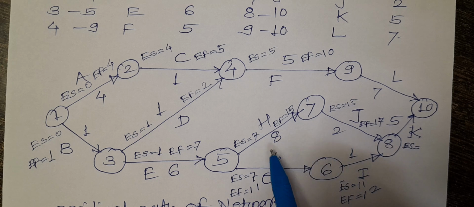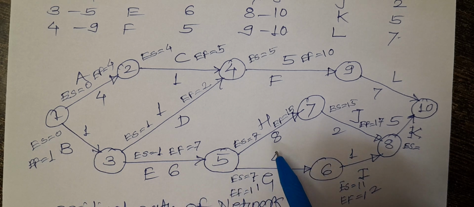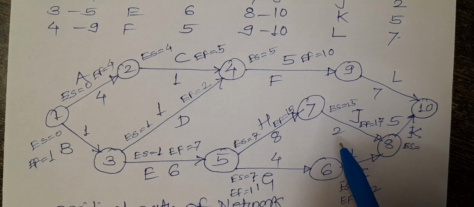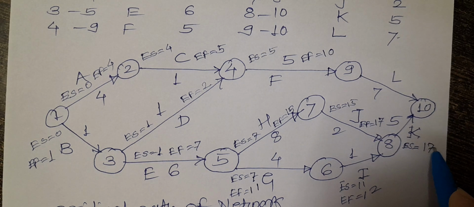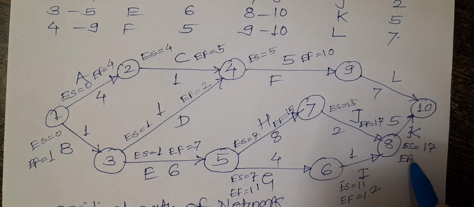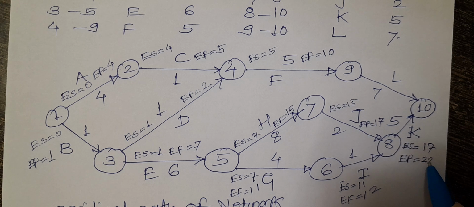So it is 1, it is 7, 7 plus 8, 15, 16, 17. So earliest start for this activity is 17, and earliest finish for this activity is 17 plus 5, it is 22.